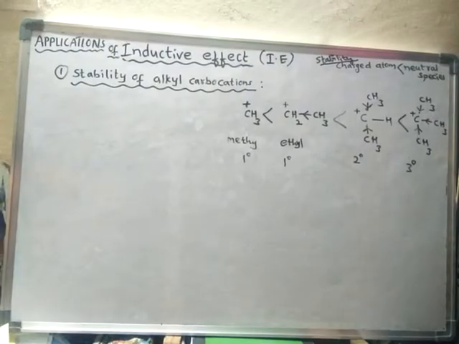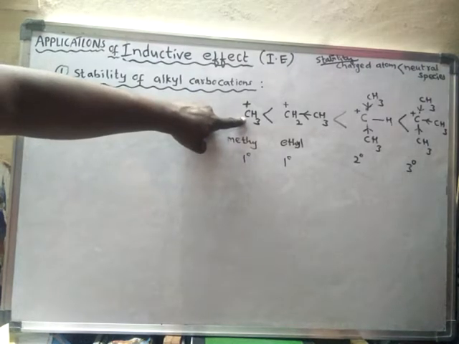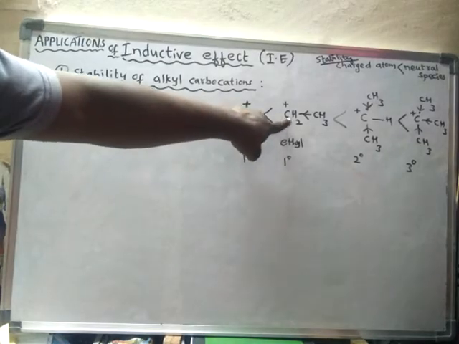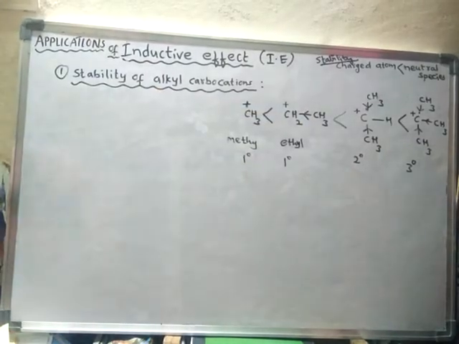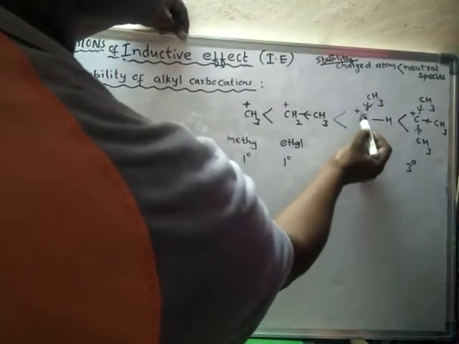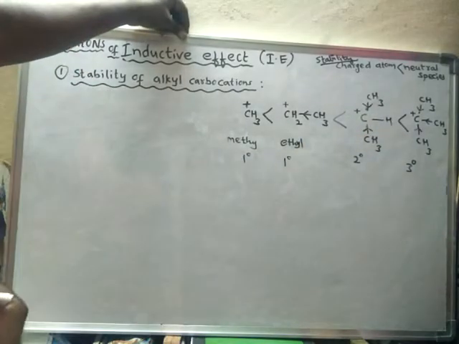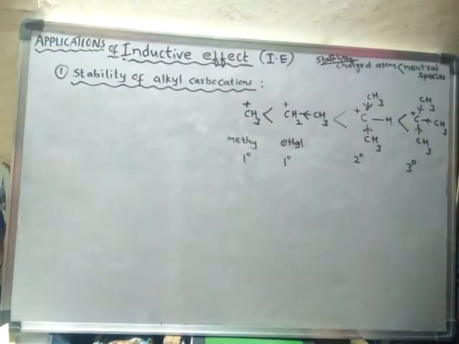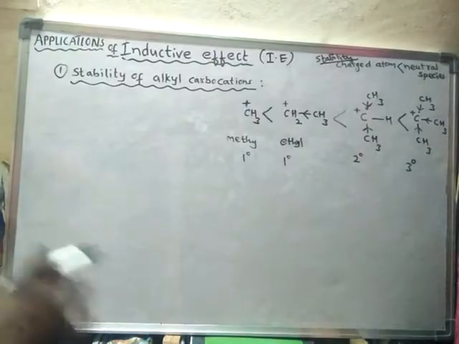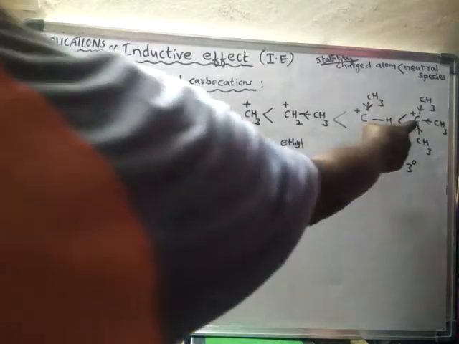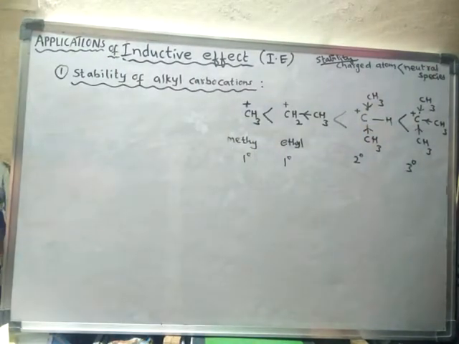That means the stability of an ion depends on charge dispersion. Here the charge is not dispersed, it is localized on the same carbon atom. Whereas here some of the charge is dispersed, so the charge dispersion is somewhat more. This charge is dispersed to these two groups. Here the charge is shared by the three methyl groups, because these three methyl groups donate electron density to this carbocation.